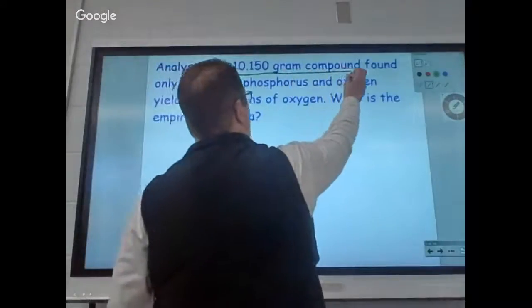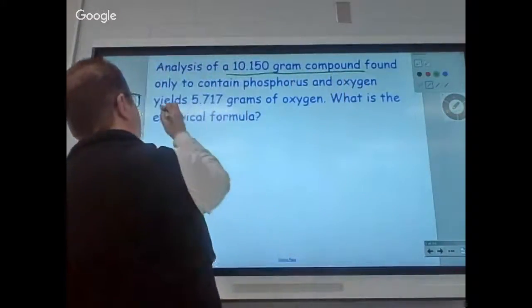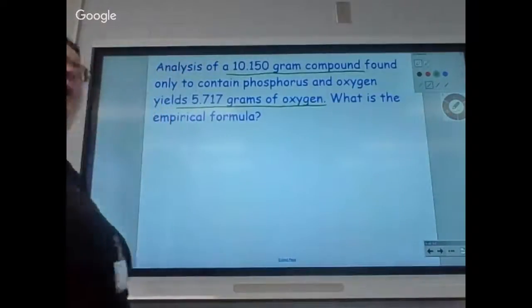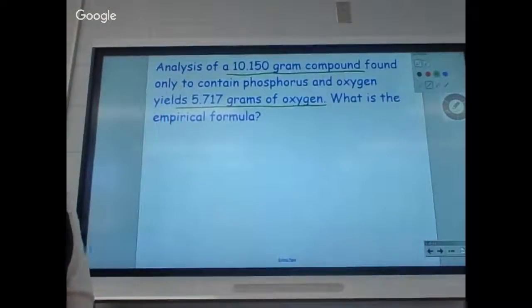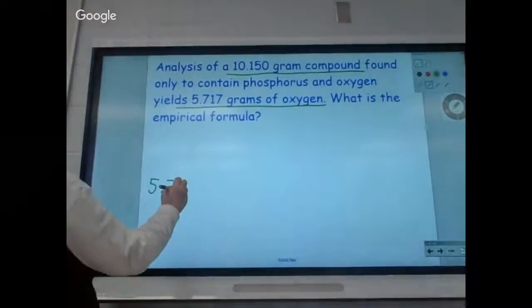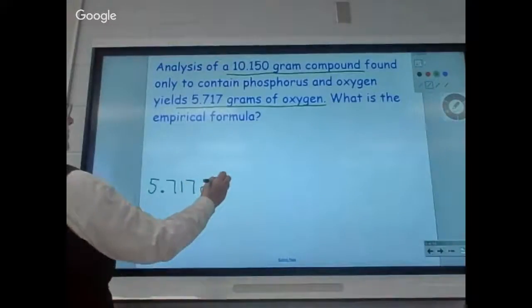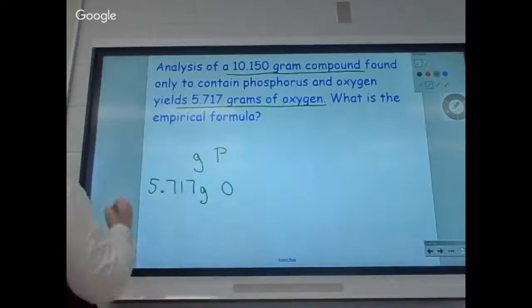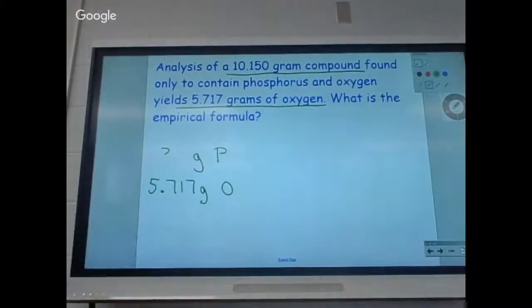The whole compound. So we don't have the mass of the phosphorus, so we need it. The 5.717 is grams of oxygen, and we need the grams of phosphorus. So we got to find it.